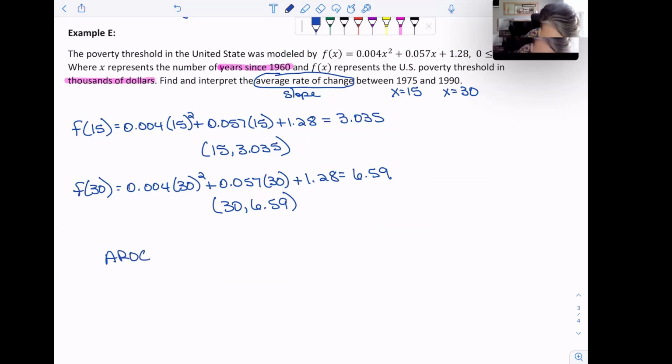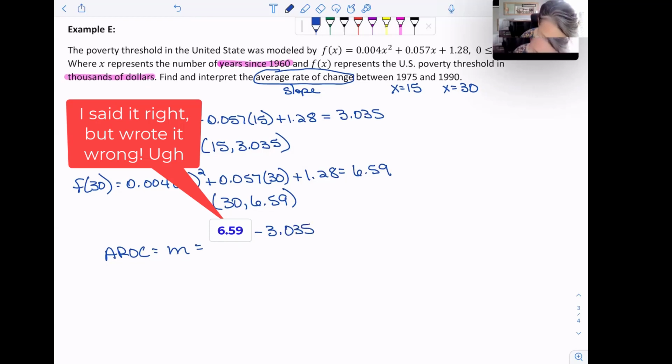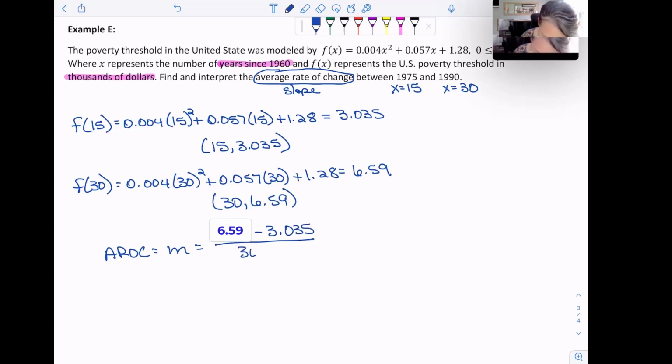So we're going to subtract our output values, 6.59 minus 3.035 over 30 minus 15, which gives us 0.237.